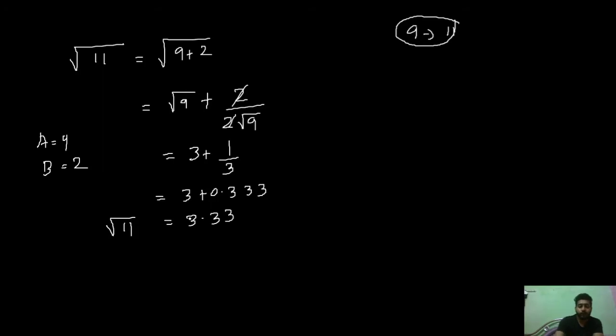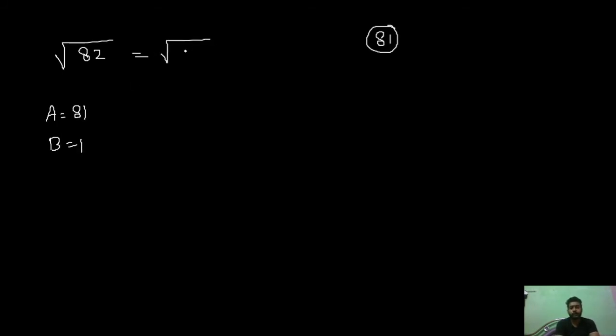Again, how to find, suppose there is a number 82. How to find square root of those type of numbers? Again, we have to find a square number which is nearest to 82. So here the square number which is nearest to 82 is 81. So here a equals to 81 and b equals to 1.